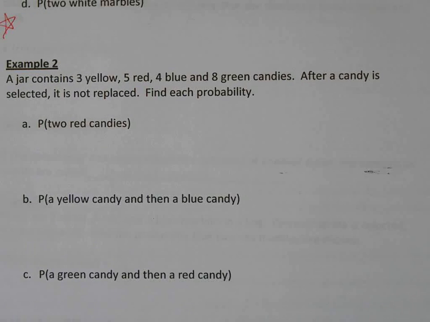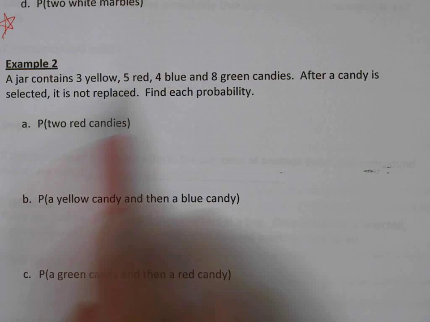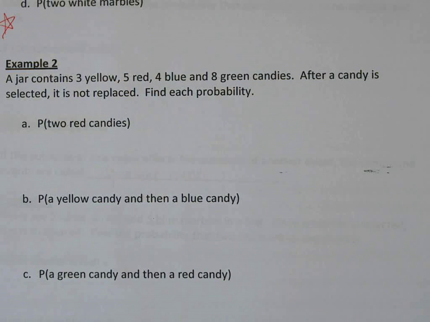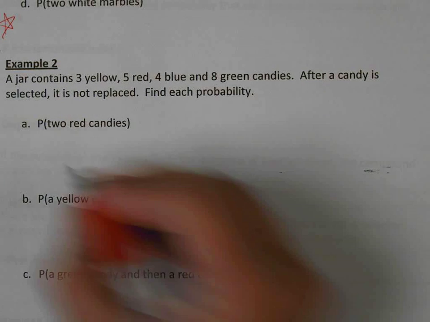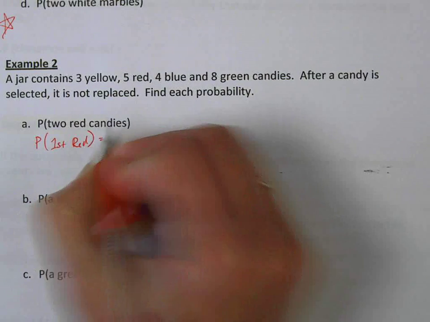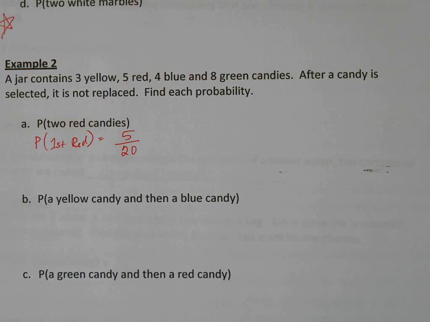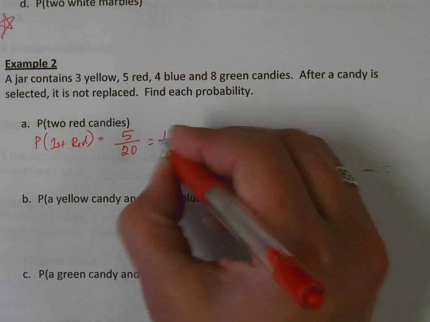Okay, a jar contains 3 yellow, 5 red, and 4 blue candies. After a candy is selected, it is not replaced. Find each probability. So I have a total of 20 candies, and I want to know the probability of 2 red. So I'm going to do the probability of the first being red is 5 out of 20, which reduces to a fourth.